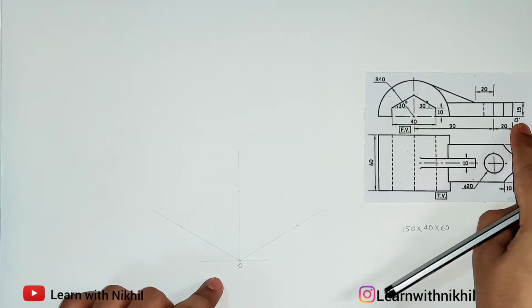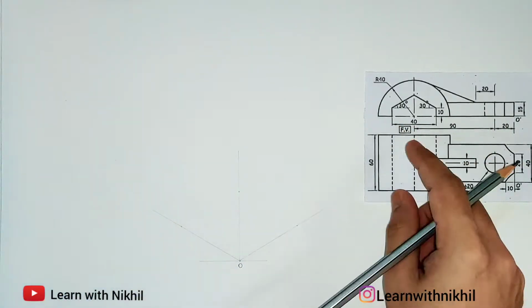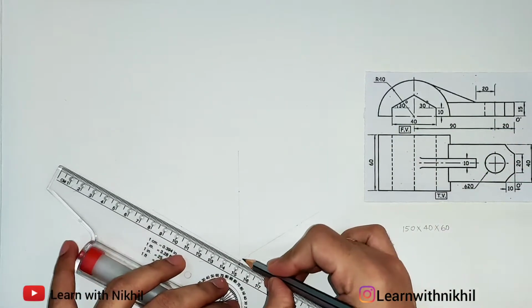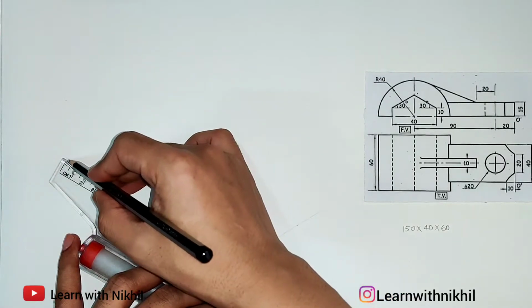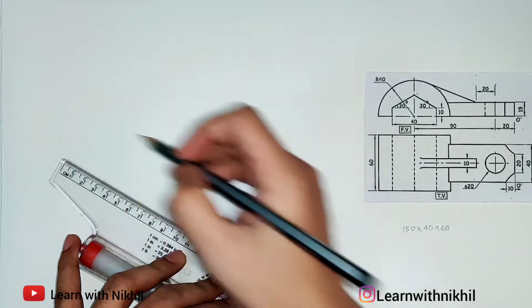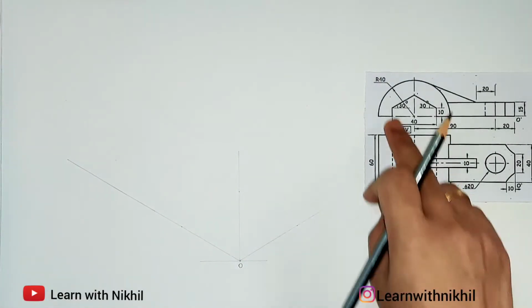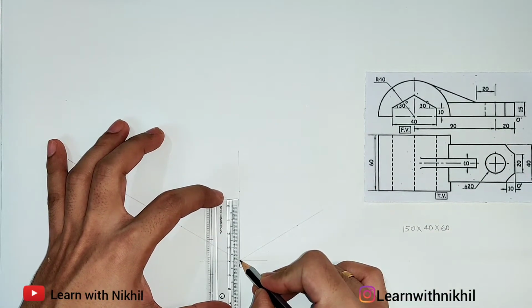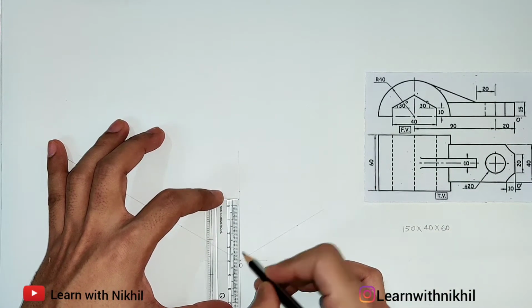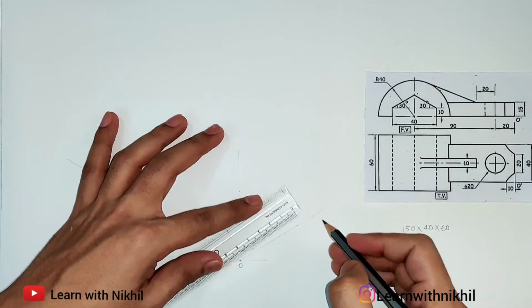So this is the point O and this diagram is on left side. So left side will be the front view. So the front view dimension, the width is 150 millimeter. So I have marked this width of 150 millimeter. Height is 40, which is the radius of the semicircle. So this is the height, that is 40, and depth is 60.